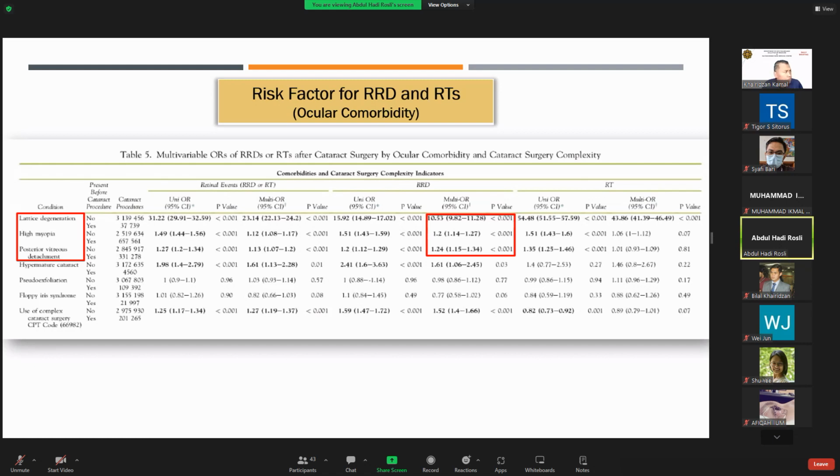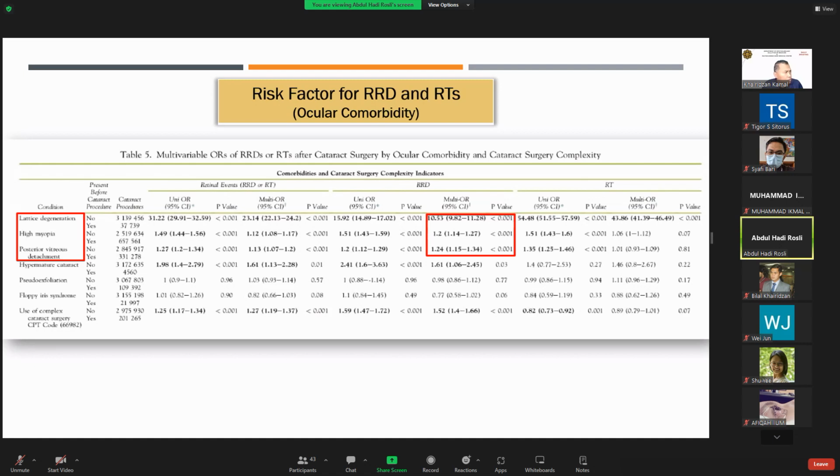But this study found a slightly increased rate to develop RD as well.